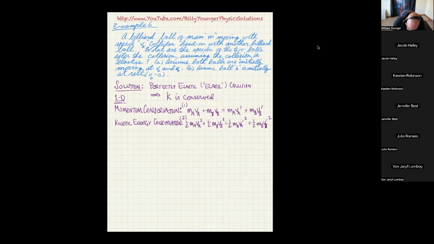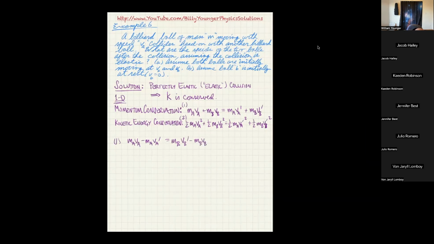Now, with equation 1, I'm going to do some stuff. I'm going to get the MA on the left and the MBs on the right. So I'm going to have MA VA minus MA VA prime is equal to MB VB prime minus MB VB.